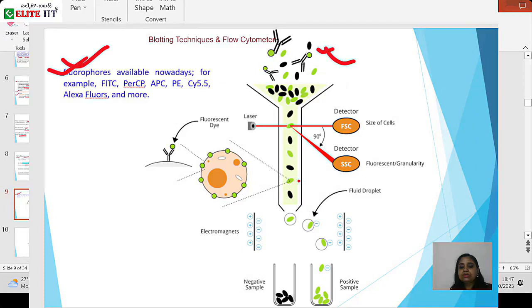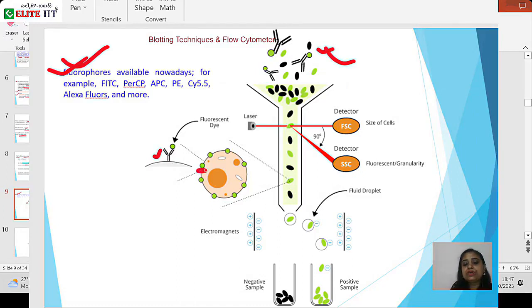In this case it is not given. Why is it not given? This is the fluorescent dye. The antibody is attached with the fluorescent dye. This is the antibody. Now, against the antibody, why is it given green color again?